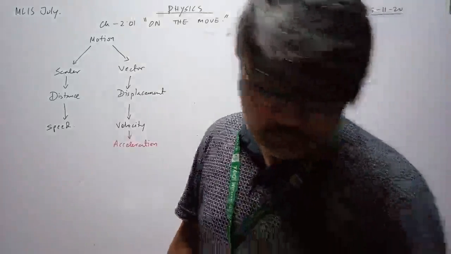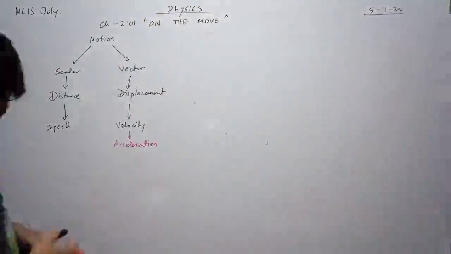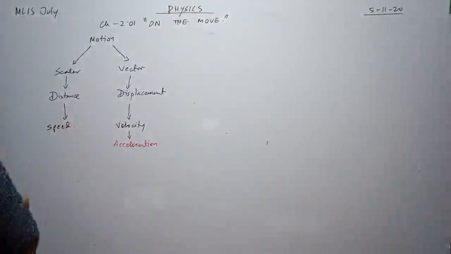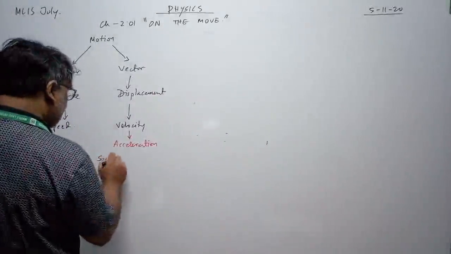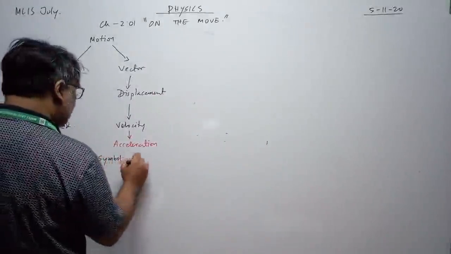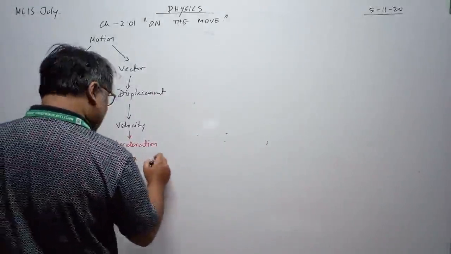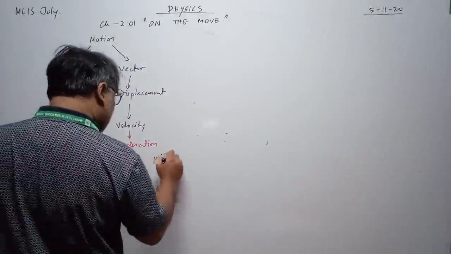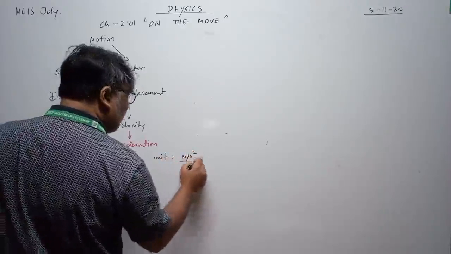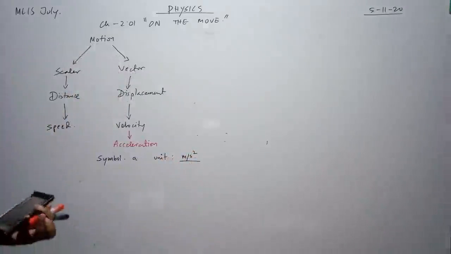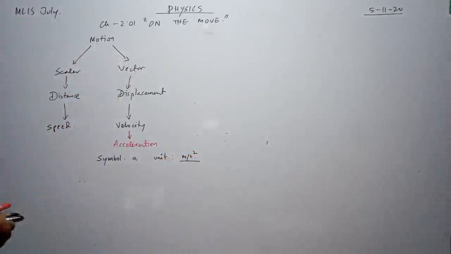The symbol for acceleration is A, and its unit is meter per second square.